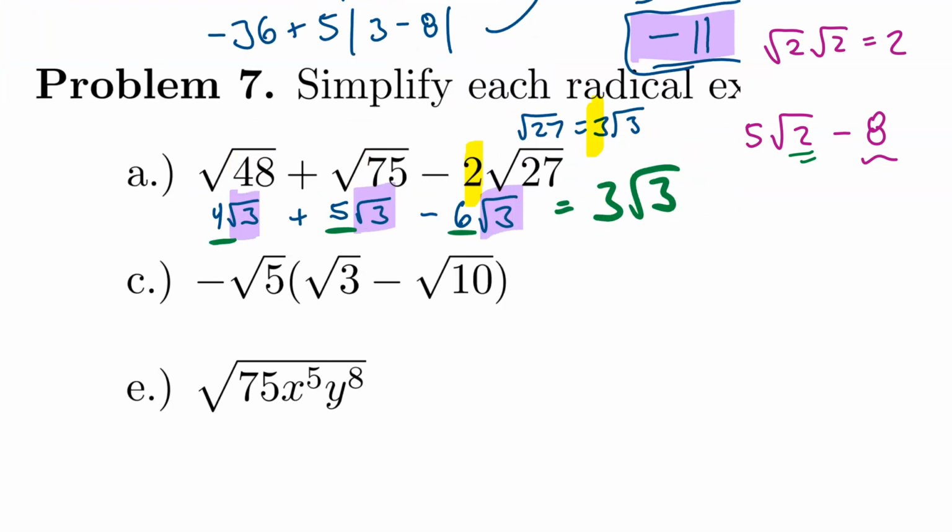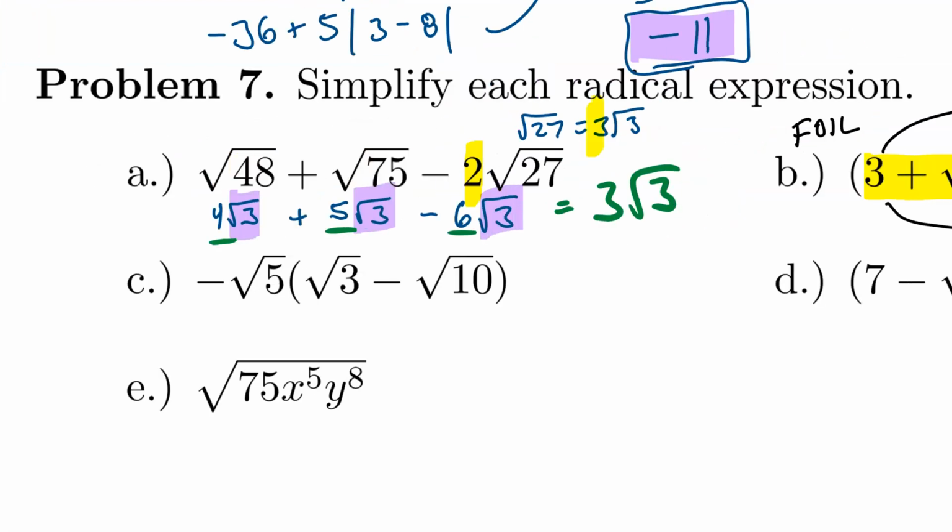Part C, in some ways, is a simpler task. I just need to multiply negative square root of 5 times the two terms inside the parenthesis. Everything is inside a square root, so I end up with negative square root of 15. I can multiply the 5 and the 3 together since they're both under a square root, and plus the square root of 50.